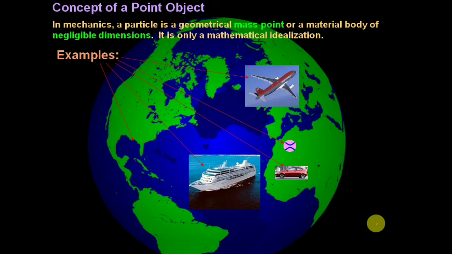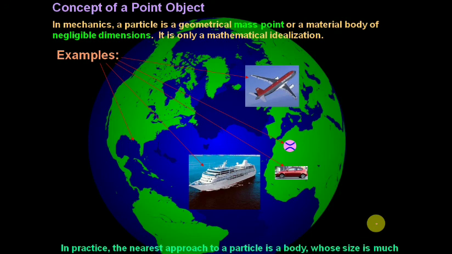Understood? So in practice, the nearest approach to a particle is a body whose size is much smaller than the distance or length involved.